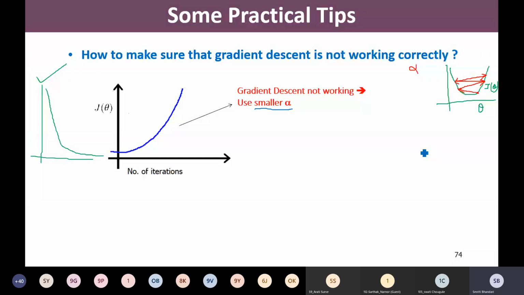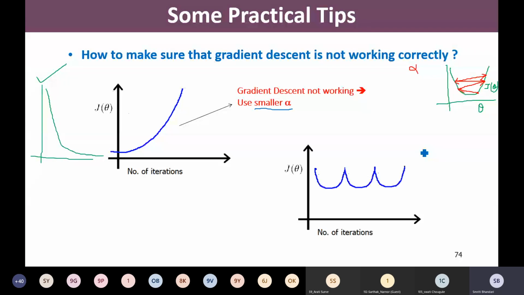If after every iteration my J of theta value is increasing, this is the indication that the alpha value we have selected is too big. So use a smaller value of alpha and implement the gradient descent once again, and we may get the solution.